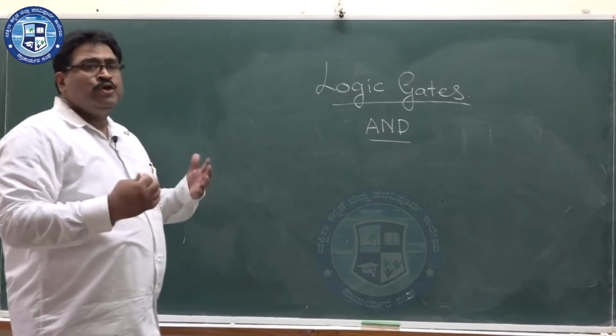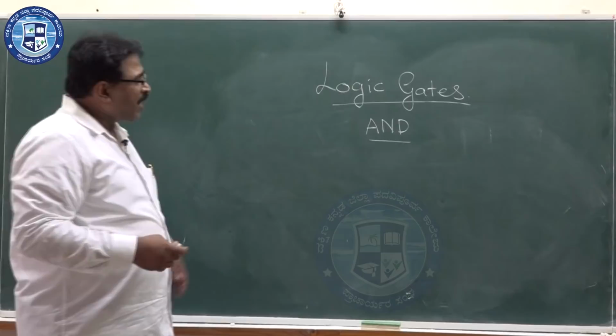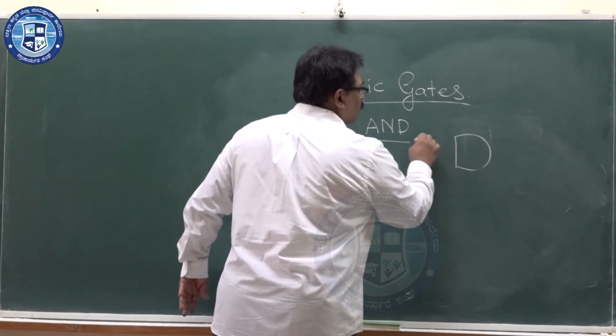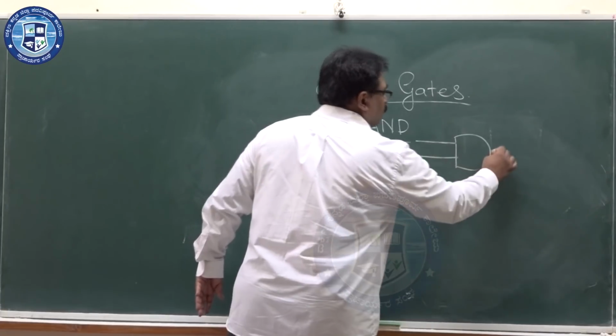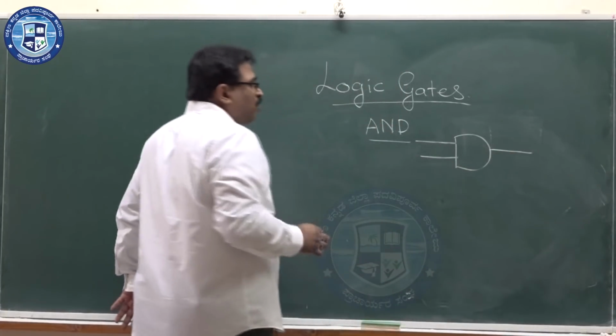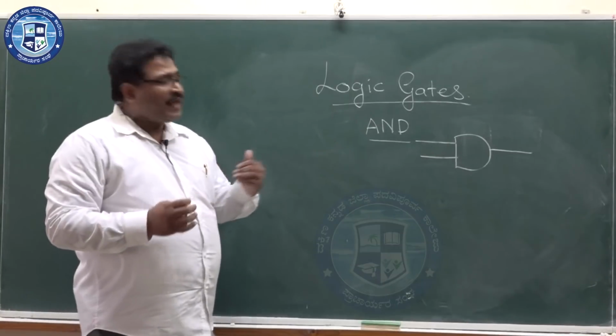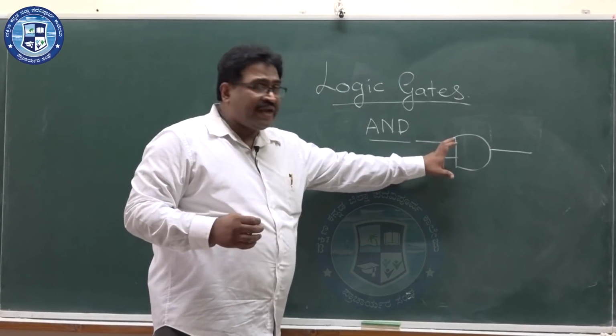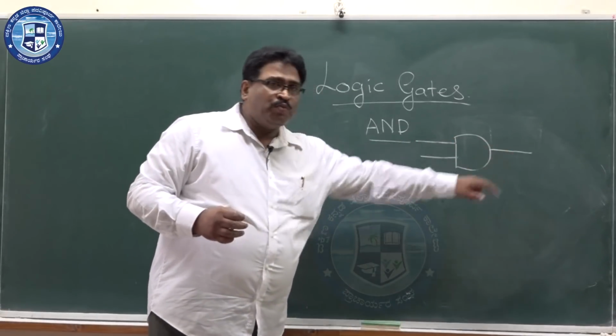So what is the symbol used basically for an AND gate? Now this is a two input AND gate. It means we have two inputs to this gate and one output.